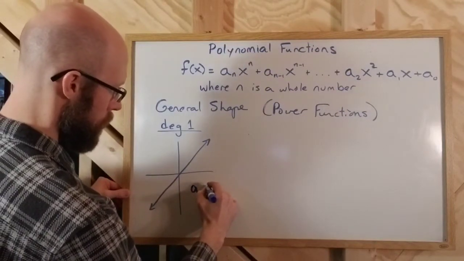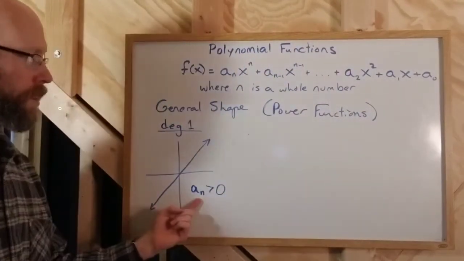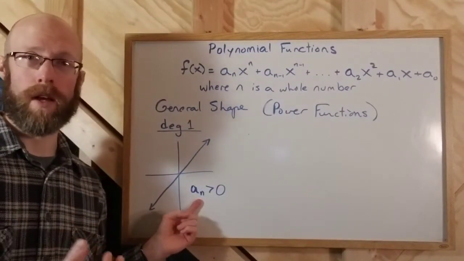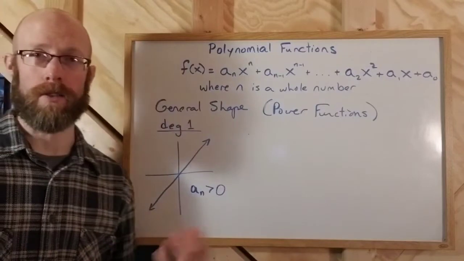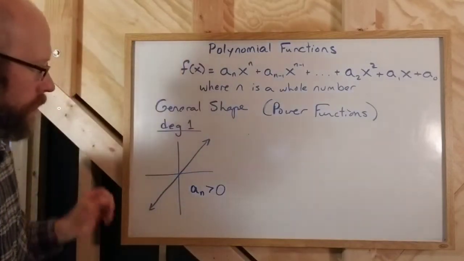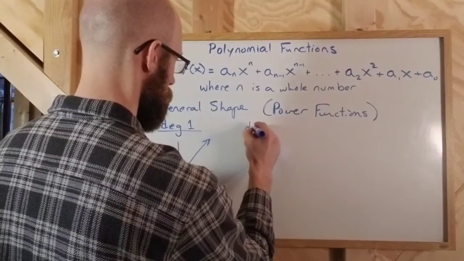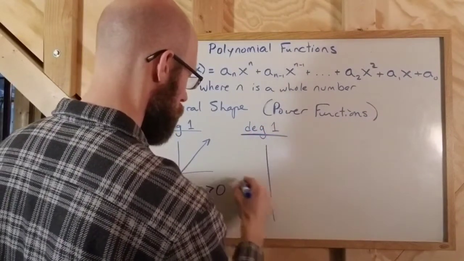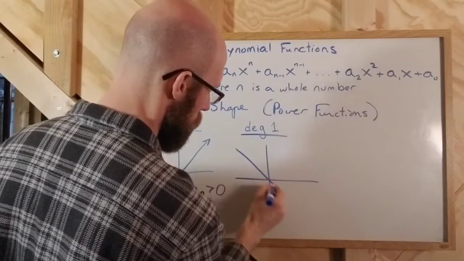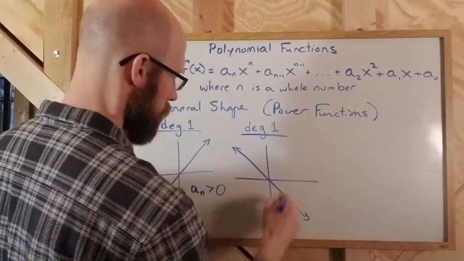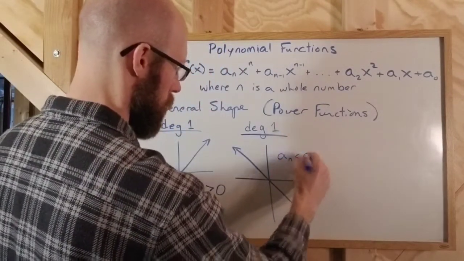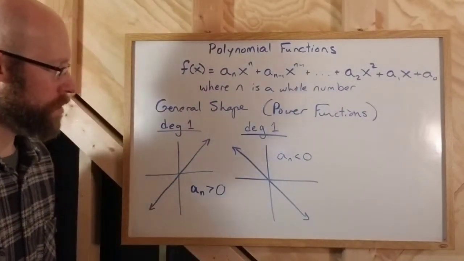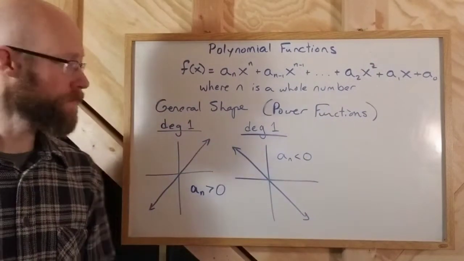Remember, the slope is a sub n for a degree 1 polynomial. Your slope and your a sub n, your leading coefficient, are the same. Now, if you have degree 1 but a negative leading coefficient, your graph will go downward, so a negative slope essentially, and you have this decreasing graph.